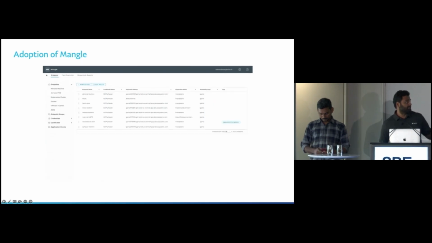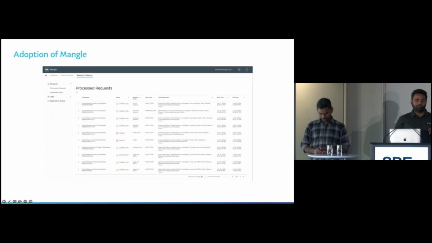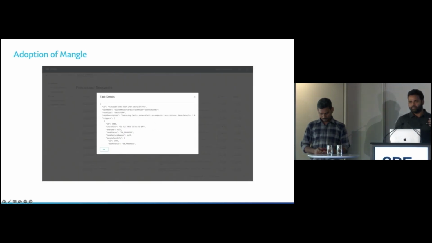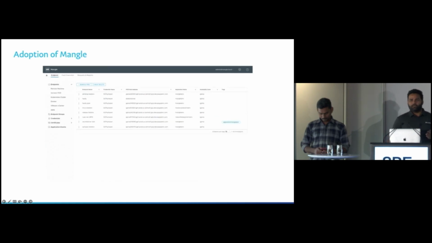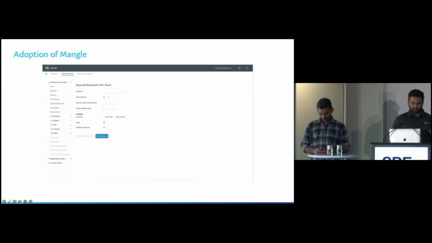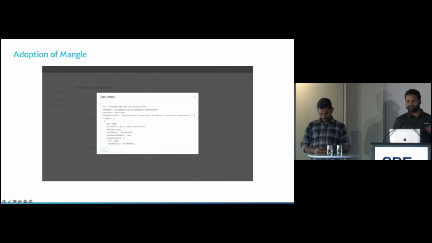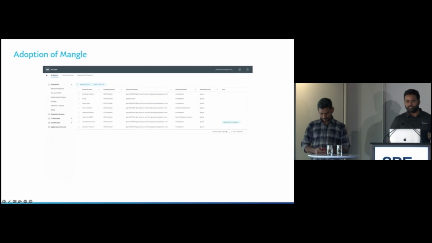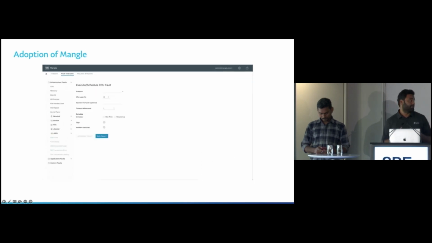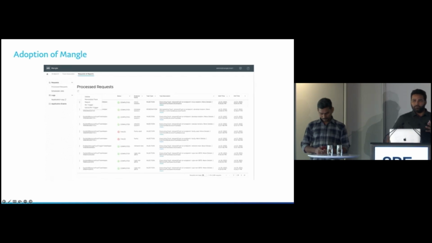This is basically a list of images. Once you set up Mangle, you get to add endpoints. By endpoint, you can add a VM or a container, or if you want to conduct experiments on a big scale, you can add a set of VMs as a group or a set of containers as a group, and we can execute different faults like infrastructure faults, application faults, even database related or your own custom faults.